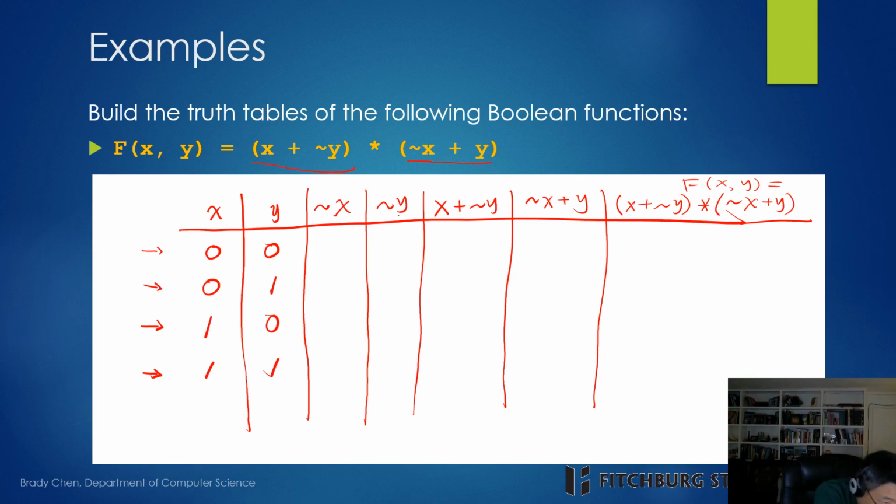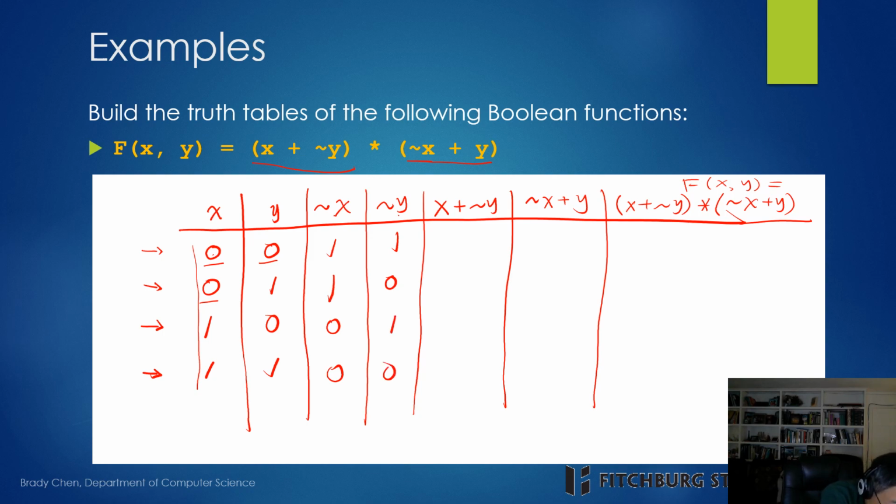So now tilde x can be built based on the value of x. If x is 0, tilde x is 1. If x is 1, tilde x is 0. So you got 1, 1, 0, 0. Now for y, based on the value of y, 0 becomes 1, 1 becomes 0, 0 becomes 1, 1 becomes 0, right?